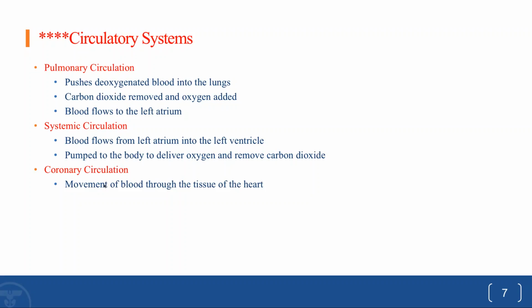Then we get to systemic circulation. From the left atrium, it goes to the left ventricle. And then your coronary circulation is just the movement of blood through the tissues of the heart.